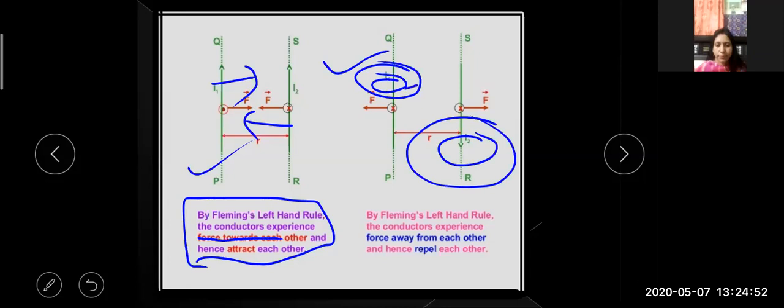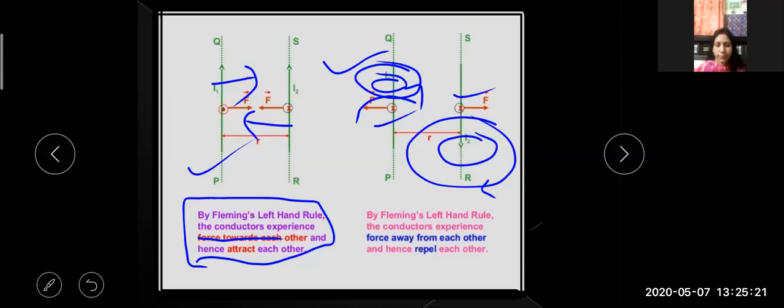For PQ the field is anti-clockwise, and for RS it is clockwise, right? In these two cases, we see that the magnetic field is inward, right? So if we apply Fleming's left hand rule, the conductors experience force away from each other. So they repel each other.